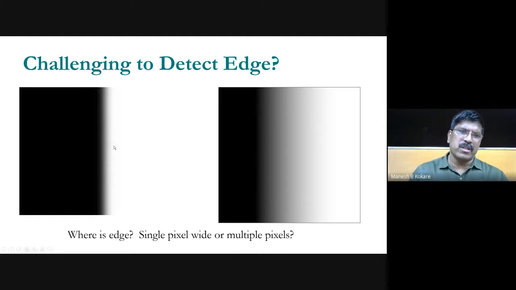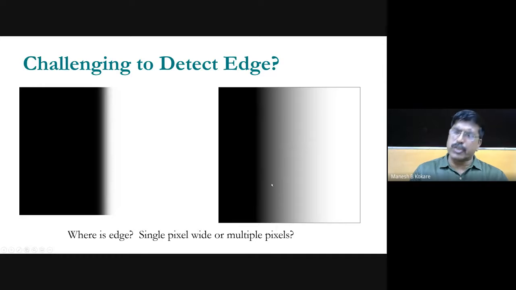Only thing is that there is a change, but it's not a gradual change, and it's not an abrupt change either in this case. So we don't know where exactly the edge is. Even for the human vision system, it is difficult to detect the edge. Also, an edge should be detected as a single pixel wide, but in this case, is it possible to detect a single pixel wide edge?